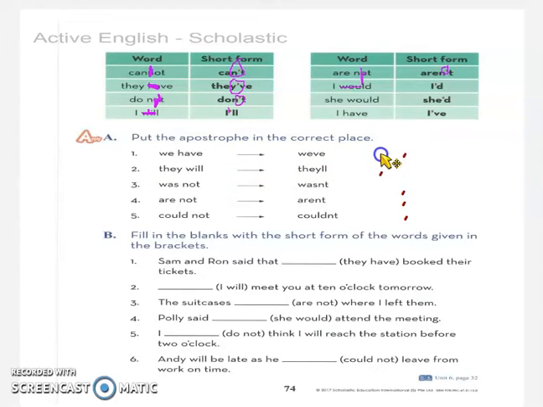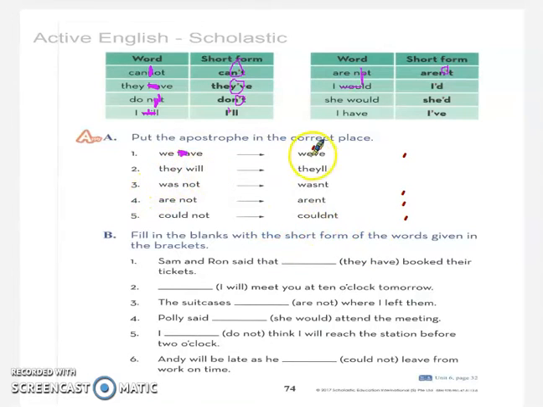Excellent. Here is the correct place for the apostrophe. Why? Because here we have the missing letters, and we put the apostrophe instead of these letters. Let's go to number two.